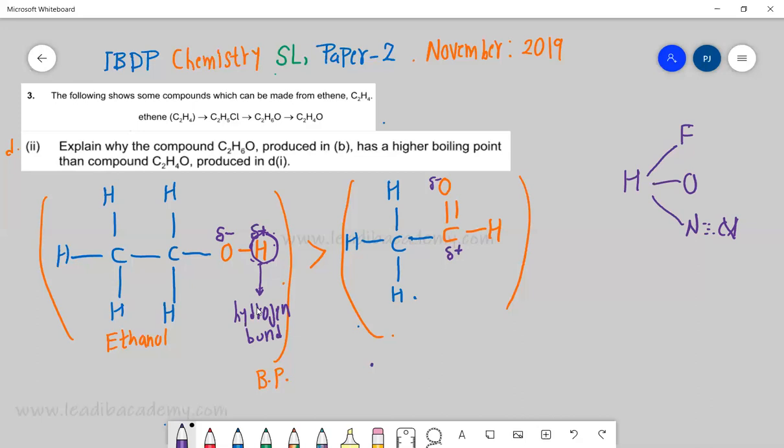That means this is the case of hydrogen bonding. While getting connected to the second molecule of ethanol, there will be a very strong bond between two molecules, and we call that hydrogen bonding. These are IMF, intermolecular forces. They are the strongest, and the higher the IMF, the higher is going to be the boiling point.